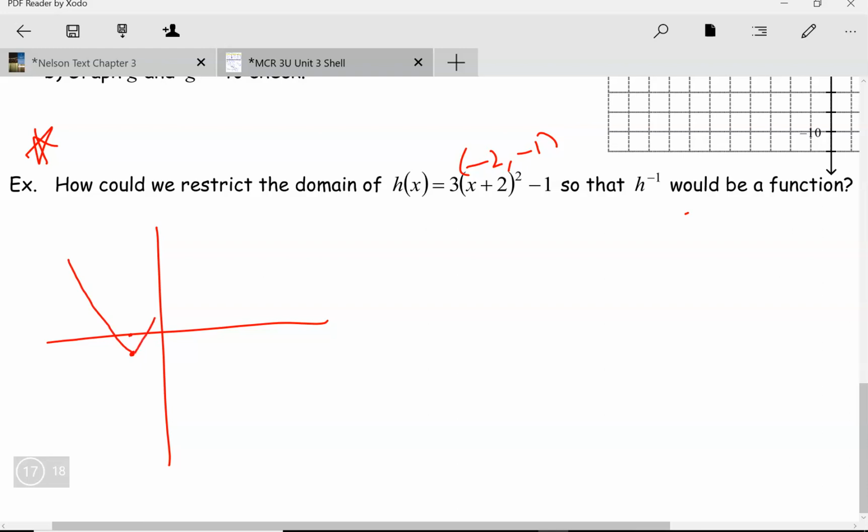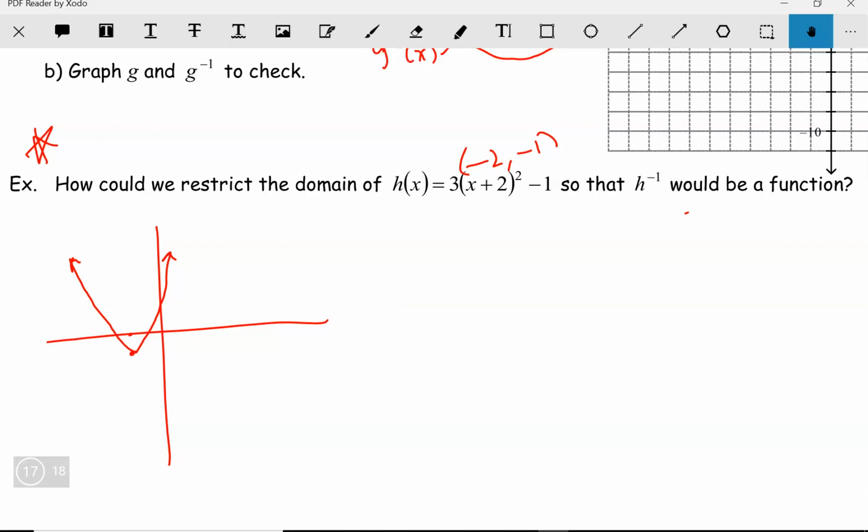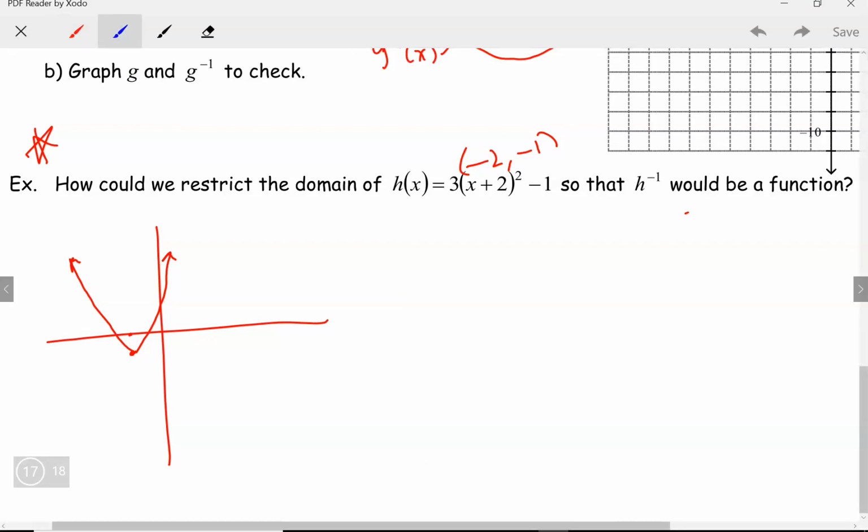This is our original function. Let's draw one half in blue. This is the right half of the parabola, and the red is the left half of the parabola, right?